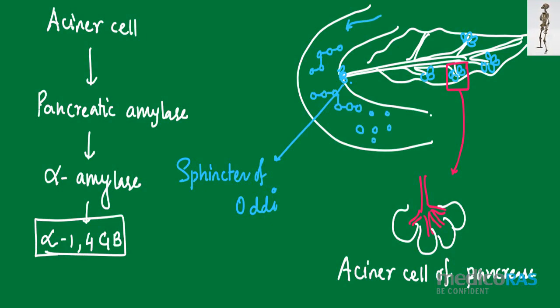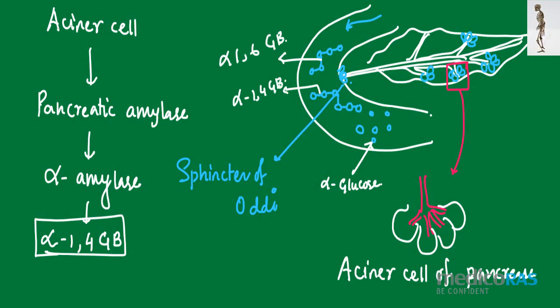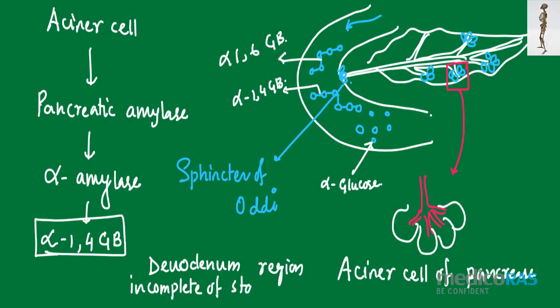So in this area, now we have some of the alpha glucose which are free, but most of them are actually in the branched form, that is, alpha 1,6 glycosidic bond is present, and some are in the linear form, that is, still alpha 1,4 glycosidic bond is present. That means in the duodenum region, there is incomplete digestion of starch.